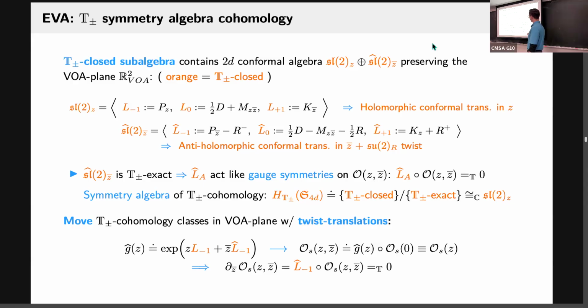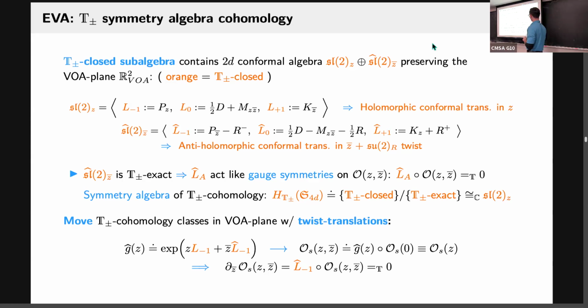And it's precisely this fact which is why I said that the correlators and OPEs of Schur operators are only accessing OPE data between the SU(2)_R multiplet of a Schur operator, because when you act on a Schur operator at the origin with these, you're going to end up picking other components of its SU(2)_R multiplet. But because these SL(2,Z-bar) generators are T plus minus exact, they basically act like gauge symmetries in our cohomology theory.